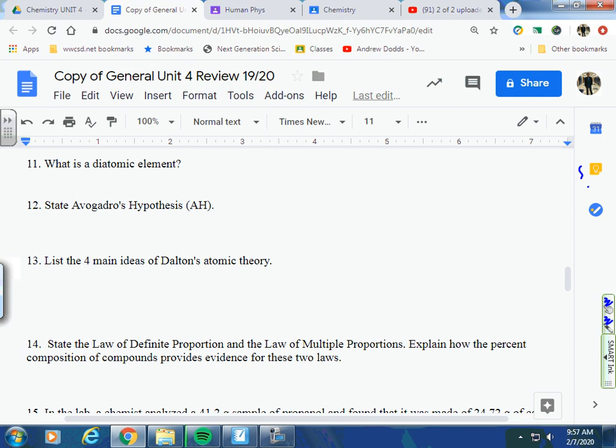So 11, what is a diatomic element? Okay, so these are elements that actually exist as two atoms stuck together. A lot of times we might see dots and say, hey, that's just an element, it's just one thing.